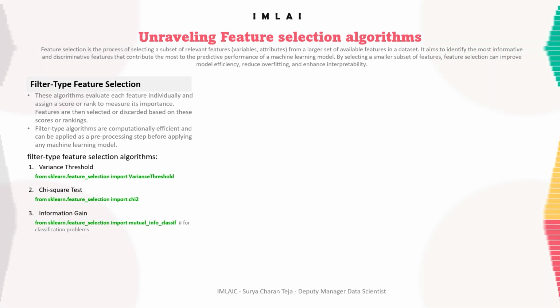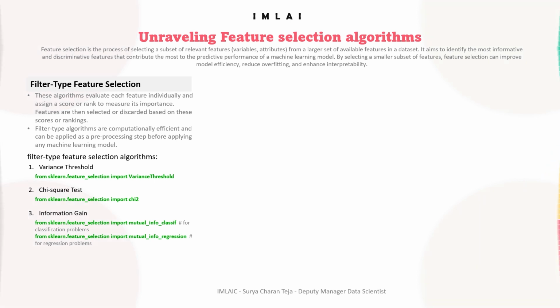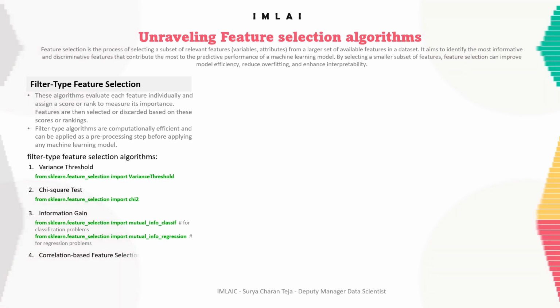So this is for classification problems. If you want it for regression problems, we have to call mutual info regression. These are the two types of information gain modules that can be imported from the sklearn library. Then we have the fourth one, correlation based feature selection.